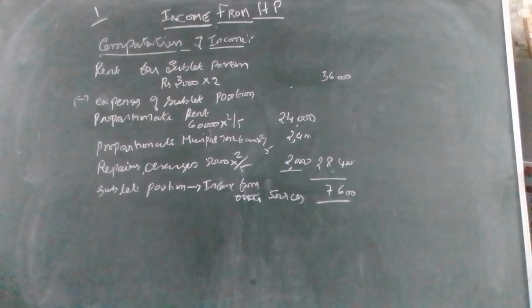What is income from house property? What is the meaning of the term house property? I already gave enough explanation on these. A house property is a property made of bricks, or even a building having a thatched roof, with walls.